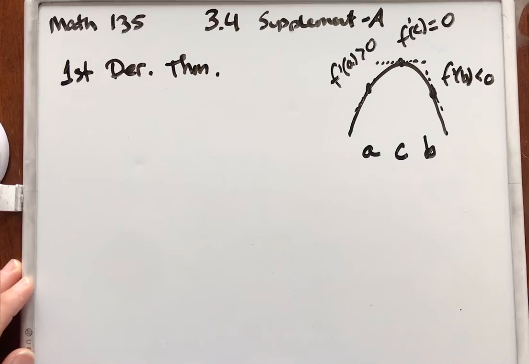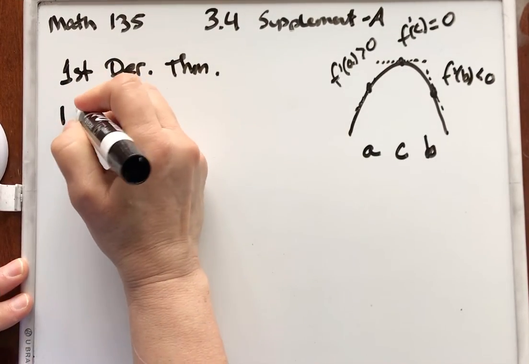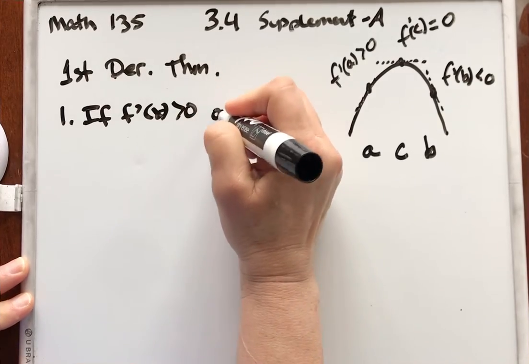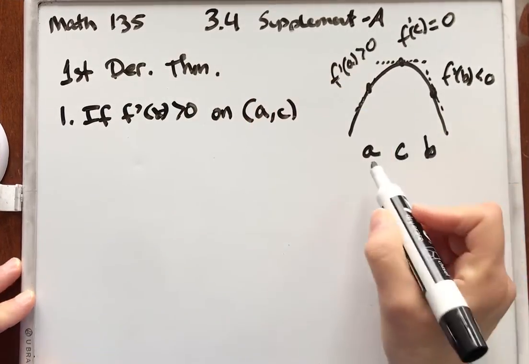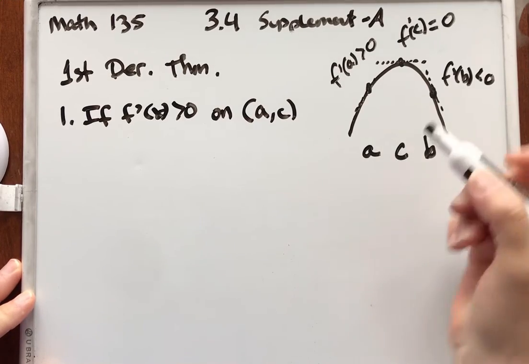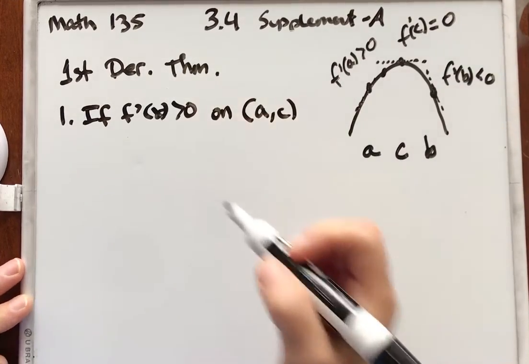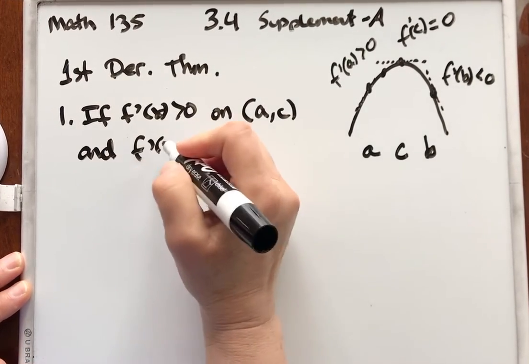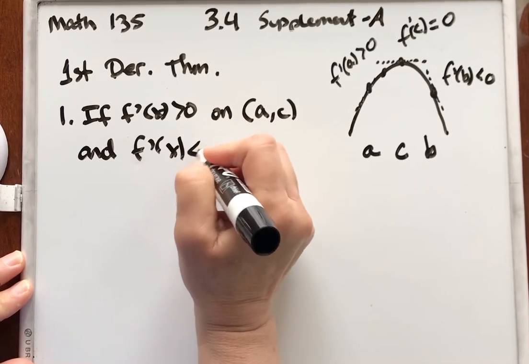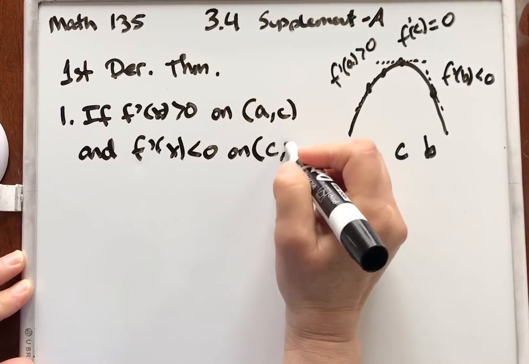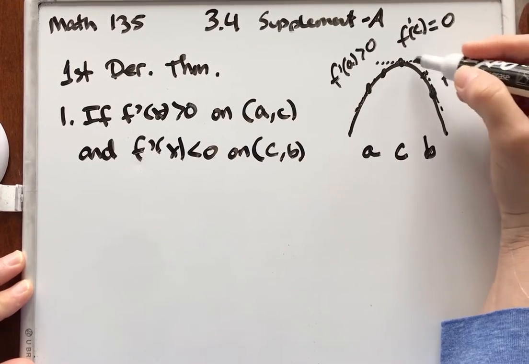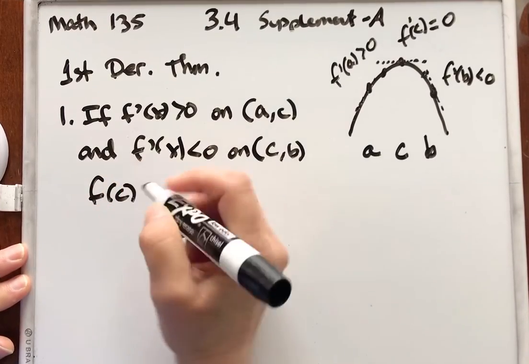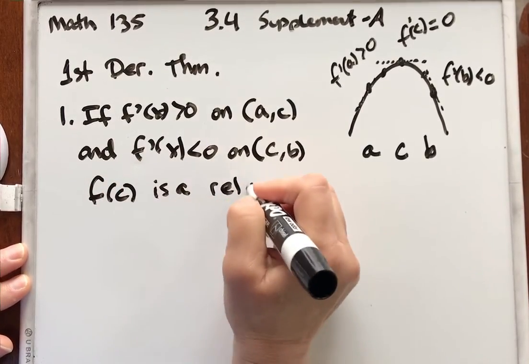And we said that 1, if f prime of x is greater than 0 on the interval AC, so on this interval from A to C, if we find some point x, that f prime of x is greater than 0, and f prime of x is less than 0 on CB, so here we have some f prime of x less than 0, then f of C is a relative max.